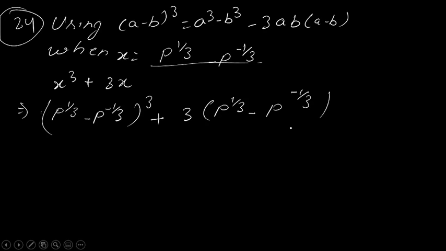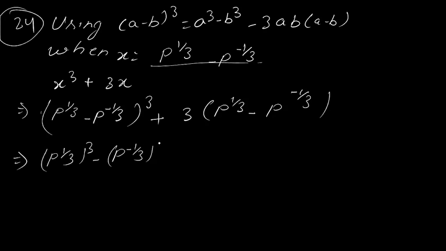Right, let's go. Now what will we do? We have p to the power 1/3 minus p to the power minus 1/3, whole cube. Simply I am putting this formula now: a minus b whole cube equal to how much? Let's say this is a and this is b.